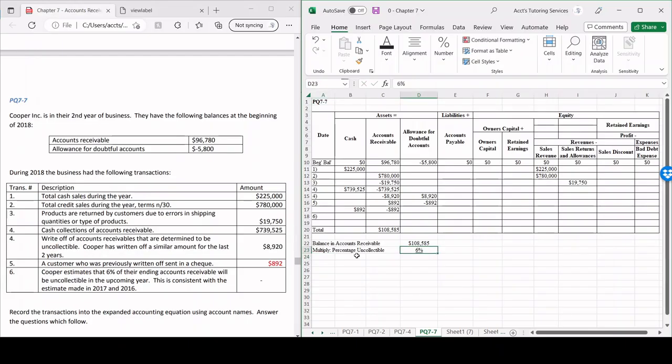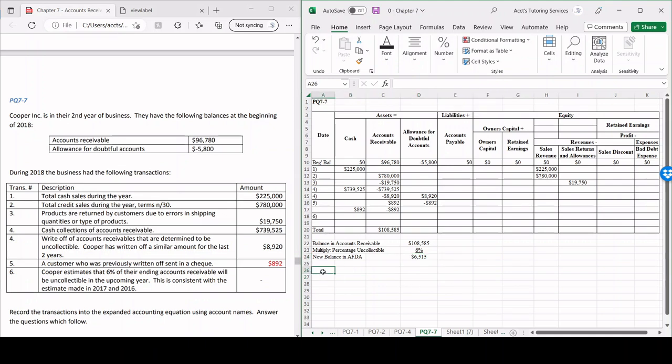We're going to multiply this to calculate the new balance in AFDA, allowance for doubtful accounts, of 108,585 times 0.06, right, or 6%. So 6,515.10. For the sake of keeping it consistent, let's just round this to 0 decimal places.